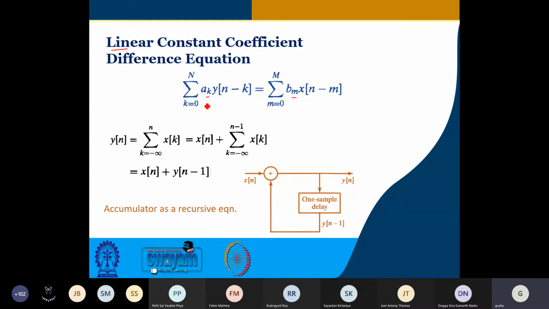If we take y[n], k equal to 0, out, so this is y[n], of course there will be an associated a0 y[n]. Then this can be written as whatever this quantity is minus the rest of the quantities, where k varies from 1 to capital N. That means past values of y output.